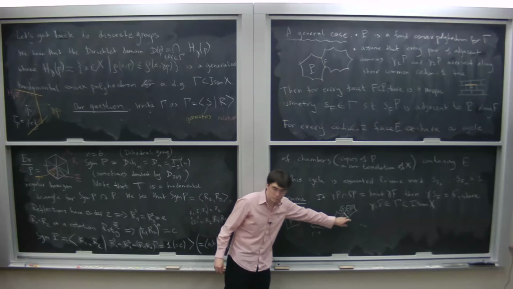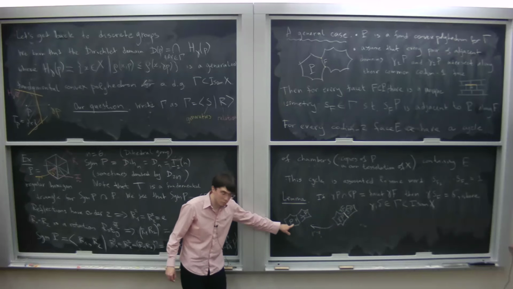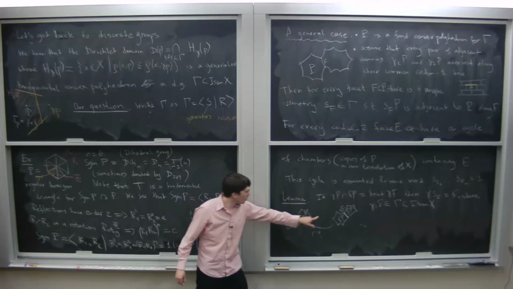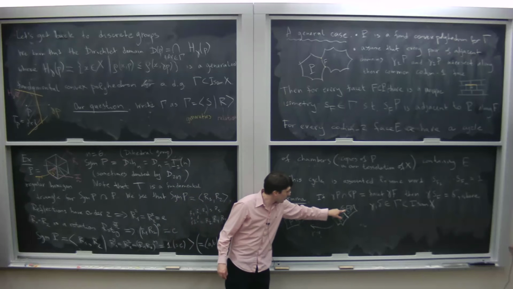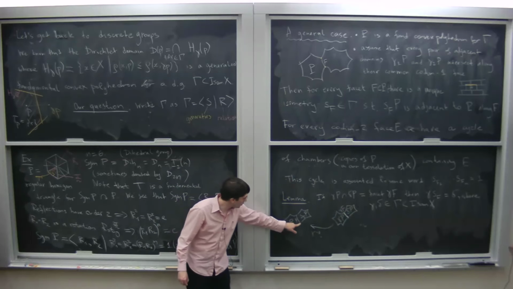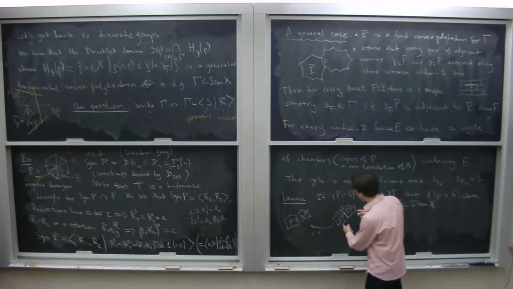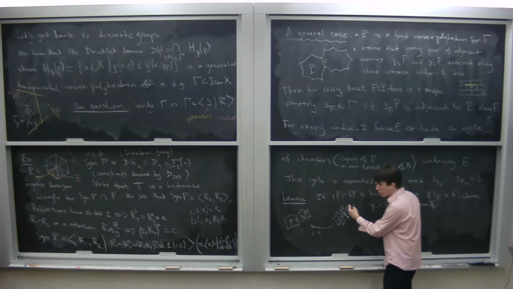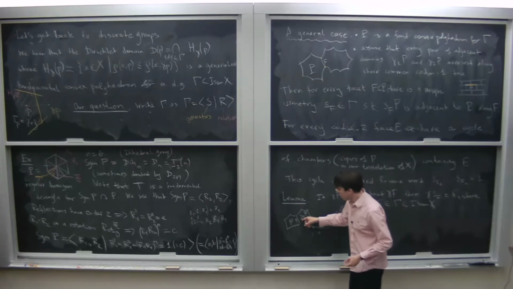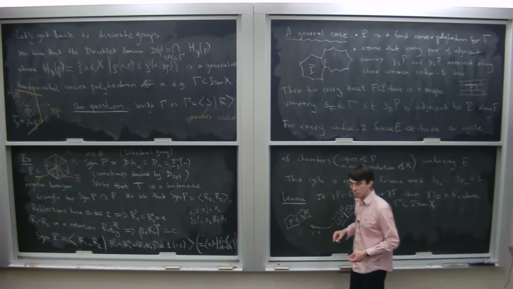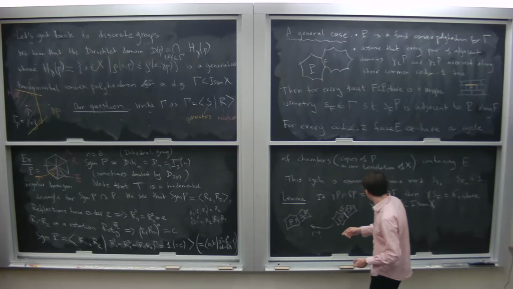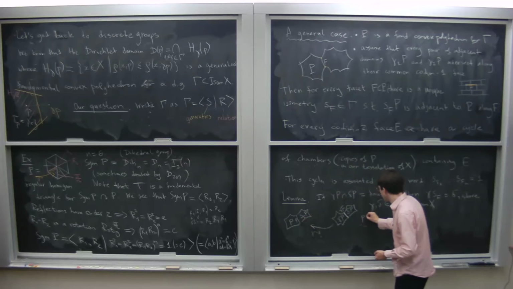My chamber gamma P is translated to the chamber P. The facet gamma F is translated to the facet F. And obviously, since gamma P and delta P were adjacent along gamma F, delta P translates to S_F P, right?